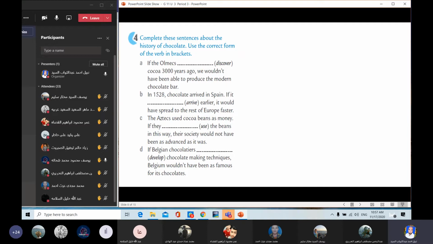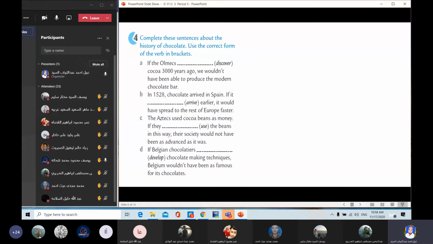Use the correct form of the verbs in brackets. Here you have an if rule. Which type is it? Look at the second verb. Wouldn't have been able. Would have spread. Wouldn't have been.